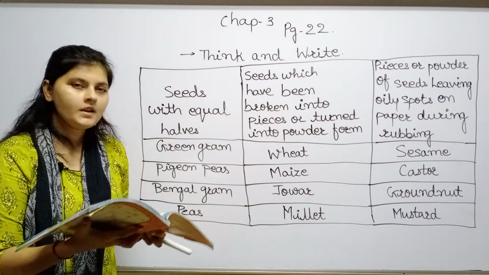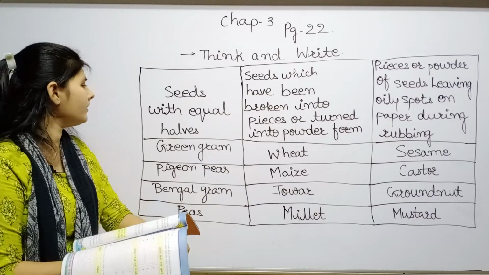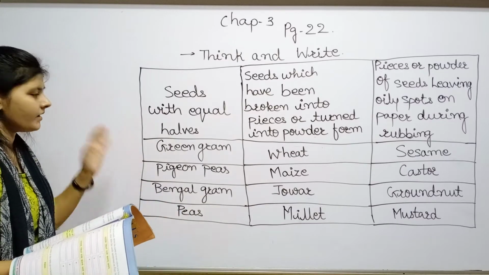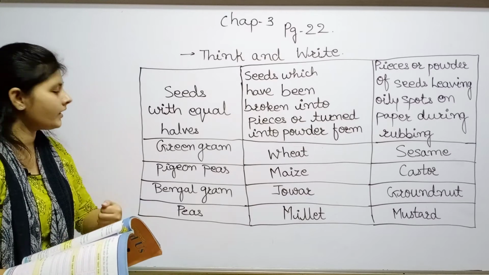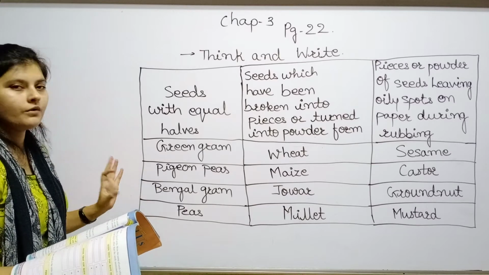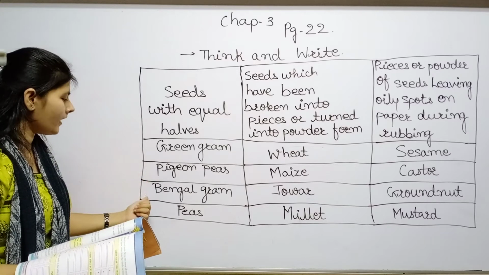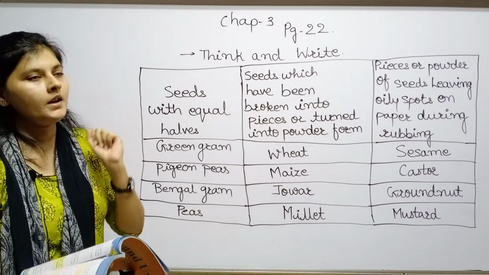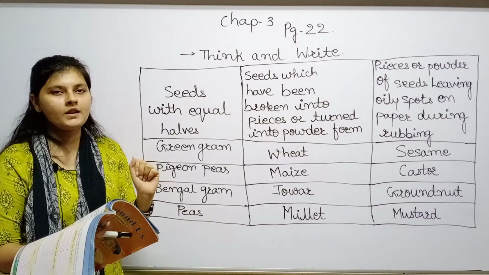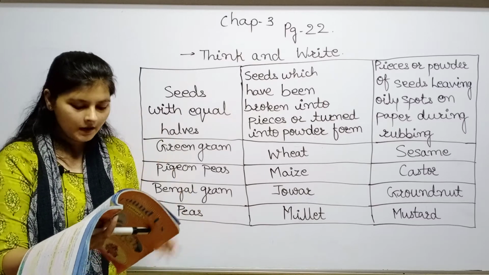If you see in the book, it is given that seeds with equal halves. These are the seeds that, when you try to break them with a stone, will convert into two halves. So it is green gram, pigeon pea, then bengal gram and peas. When you hit them with a stone or some heavy thing to break them, they are going to convert into two halves, right?